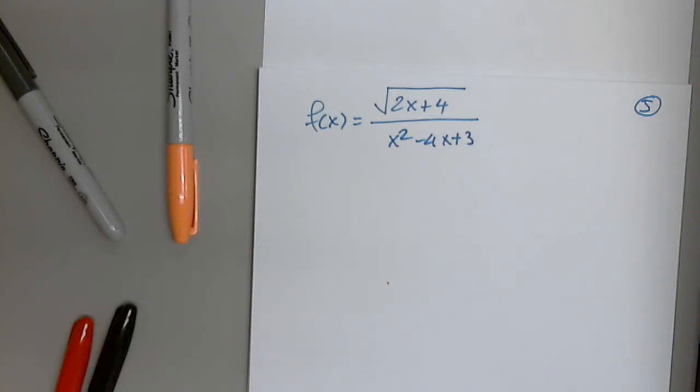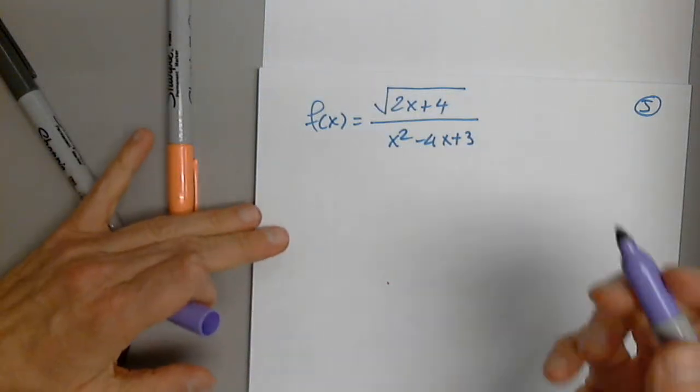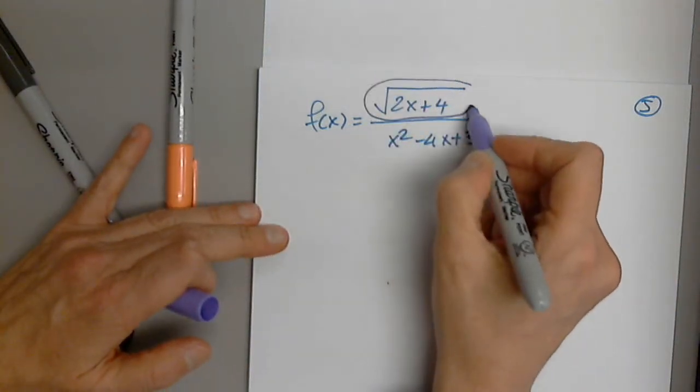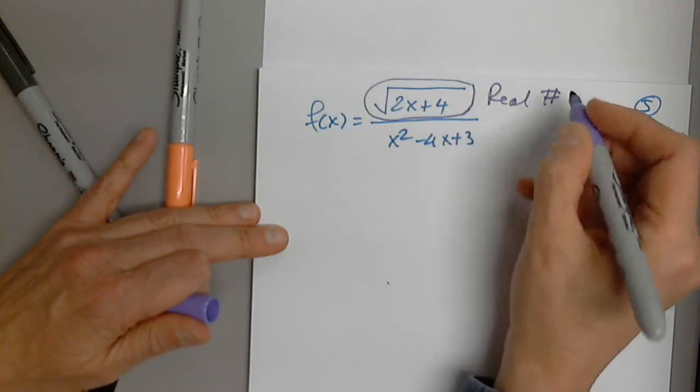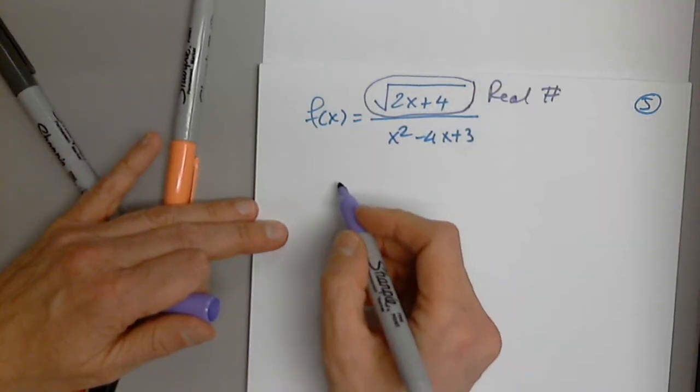Careful. We only focused on the denominator, which is wrong. Okay, so careful with that. Here there are two possible problems. This must be a real number, and for that reason I have to write what?